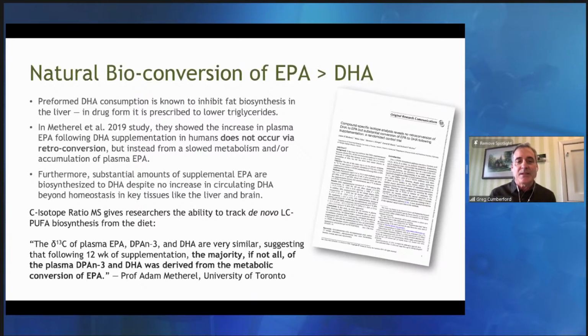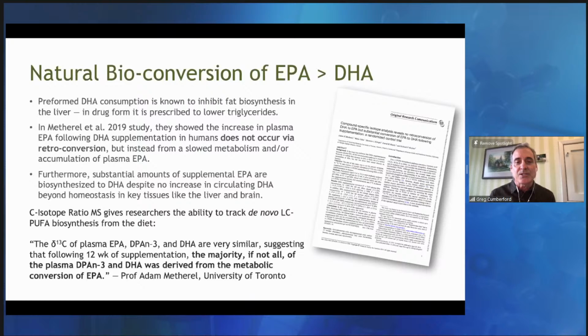But his and other teams have shown that substantial amounts of supplemental EPA are biosynthesized right through to DHA, despite no increase in circulating DHA beyond a kind of homeostasis in key tissues, especially the brain.